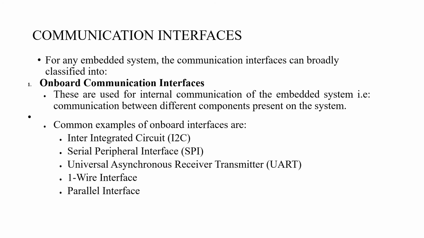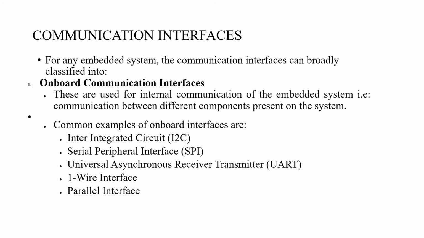Onboard communication interface, as the name itself says, is an onboard, inbuilt device. It's an internal communication which is already there in the embedded system, and it is communication between different components present on the system. What are the commonly used onboard interfaces? Inter-Integrated Circuit, Serial Peripheral Interface, Universal Asynchronous Receiver Transmitter, One-Wire interface and parallel interface.